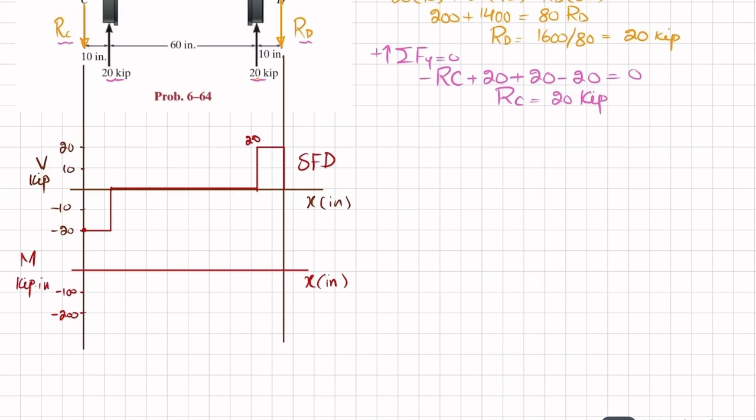Now the first area under the shear force diagram is this area, and you can see this is rectangular, so height is minus 20 and width is 10 inch. So minus 20 into 10 will be equal to minus 200. So at this point we have minus 200. Let me plot this point. This will be minus 200.